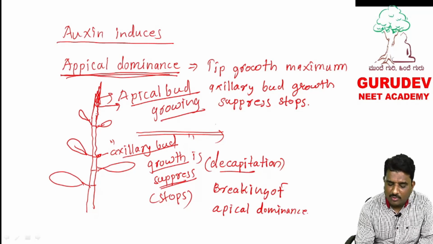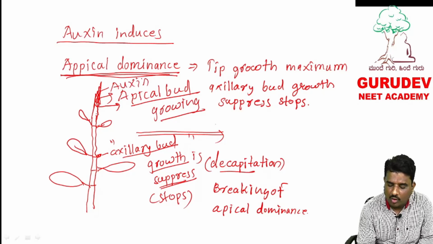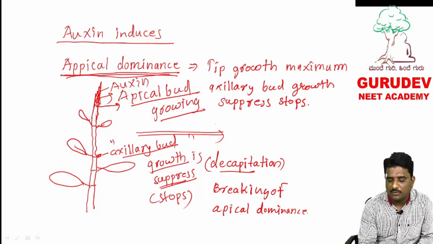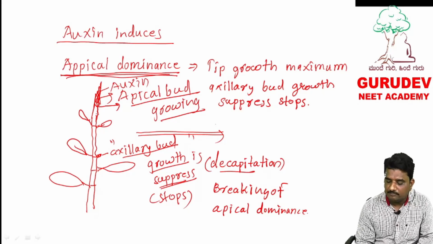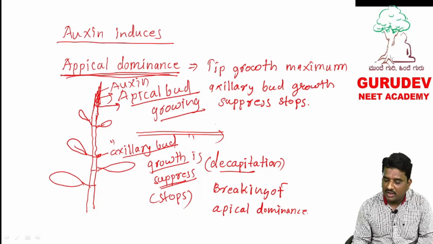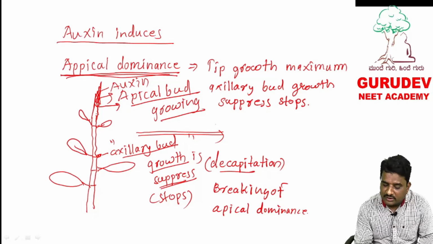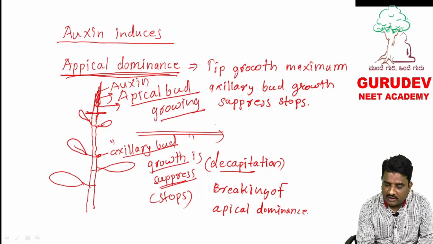So why does apical dominance happen? Because at the tip, which hormone is playing an important role? The auxin hormone. Because of auxin, the tip grows maximum and side buds do not grow. That is apical dominance. Breaking apical dominance means cutting this tip.